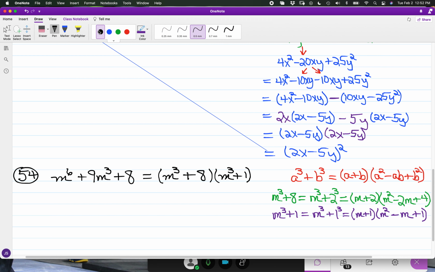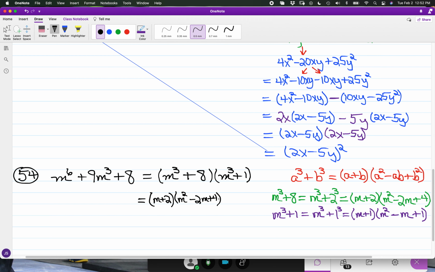And so just relaying this back, with m to the third plus 8, we have m plus 2 times m squared minus 2m plus 4.